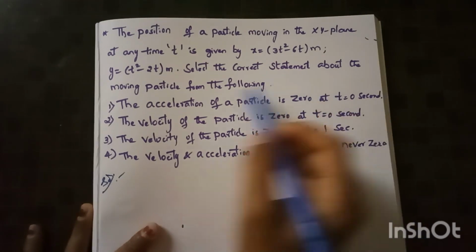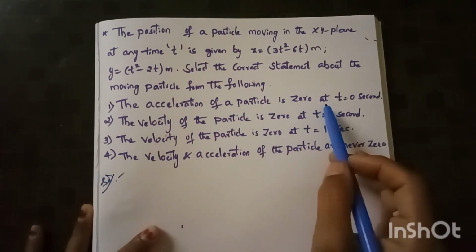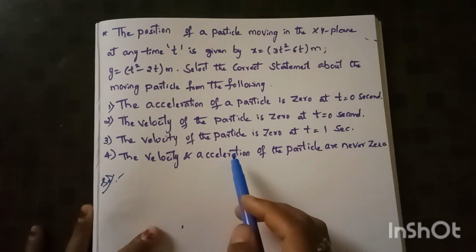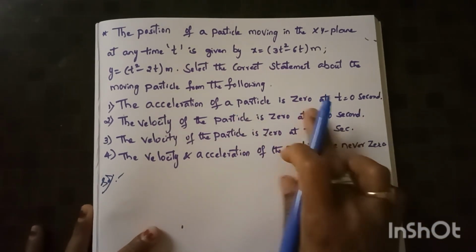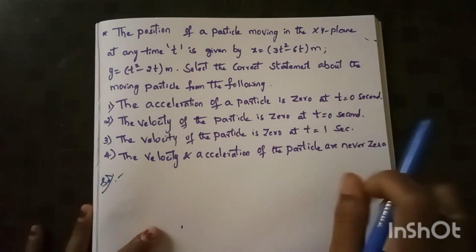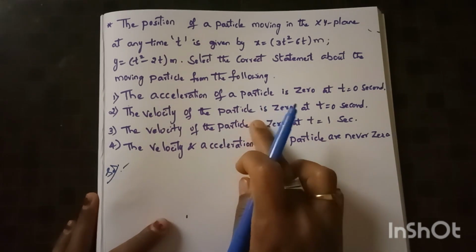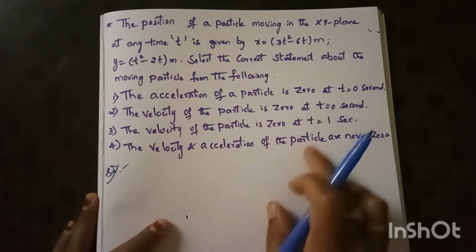The first option says the acceleration of a particle is 0 at t equals 0 seconds. The next option says the velocity of the particle is 0 at time t equals 0 seconds.